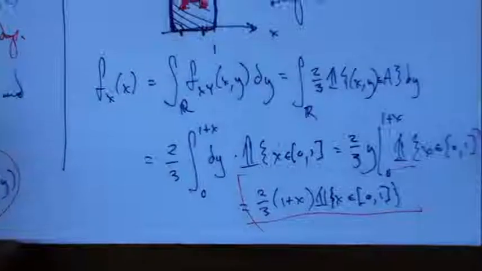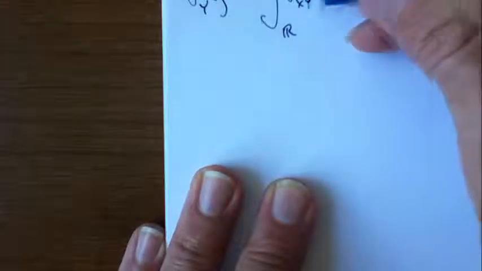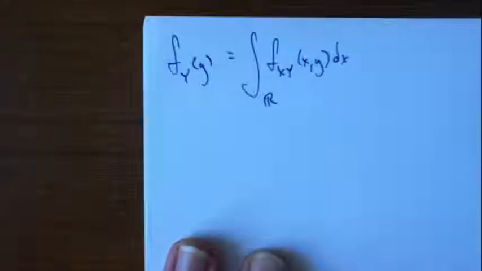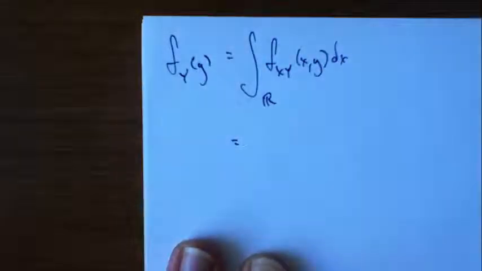Just to remind you, what we want to do is get the two marginals, multiply them, and test whether or not we get the joint. Okay, so I'm going to do the same kind of deal here, but integrate out the x variable, like so.